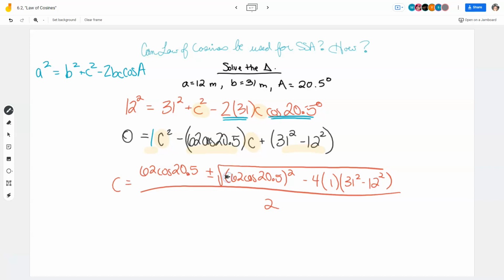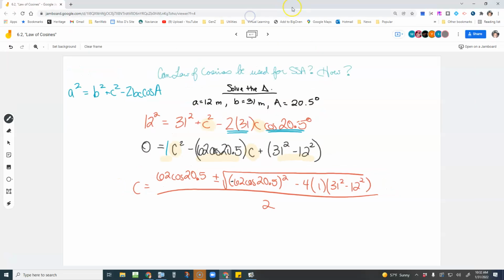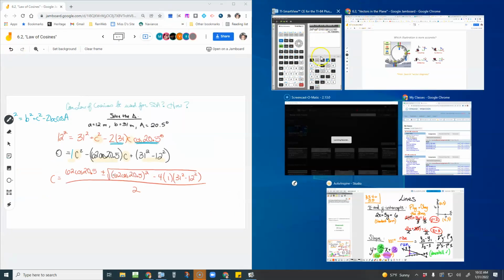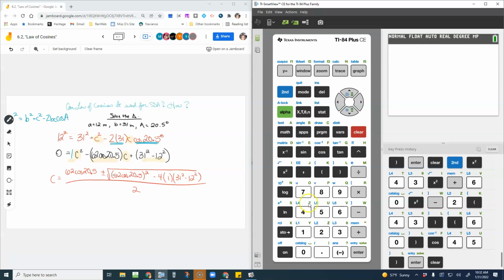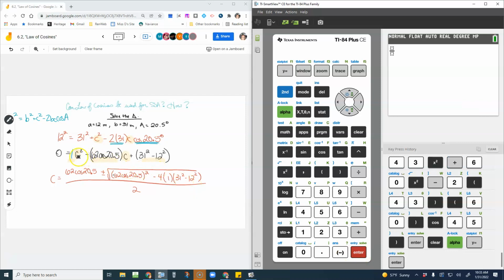Yeah, I'm just a little bit confused. You're doing the quadratic formula, right? Mm-hmm. So how did you get the c squared and the c over to one side? Like, on the other side. Oh, I subtracted 12 squared. And I lined him up. He's not a like term.